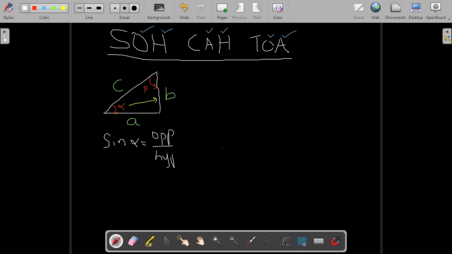So if this is opposite over hypotenuse, it means that from the SOH, your opposite is your B. Then hypotenuse, like I said previously, is the longest side, which is C. Remember, this is opposite because that's where alpha is facing presently.